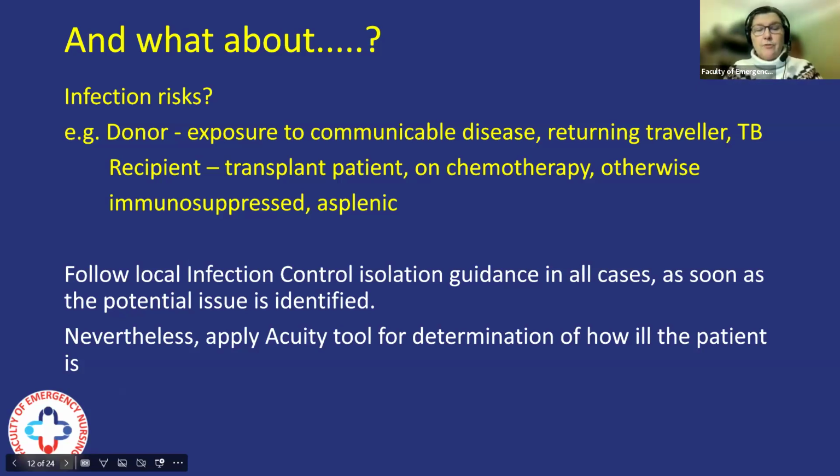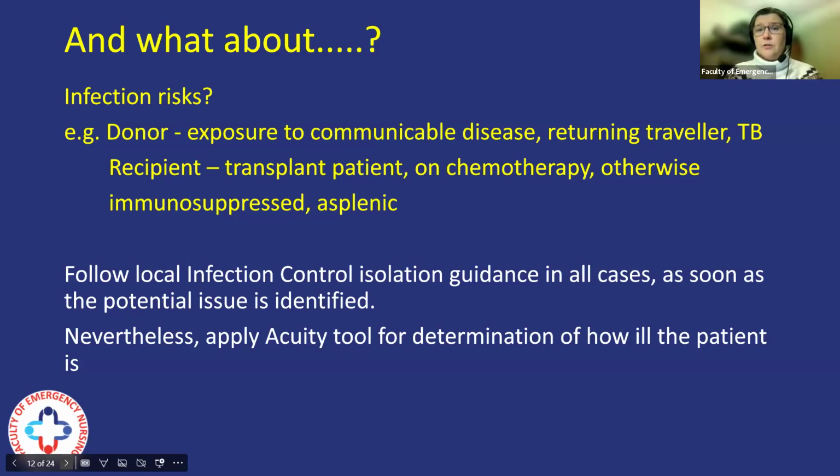And of course, several of them brought it back, which was the reason that we had quarantine, which I'm sure was a delightful experience. Not. So a returning traveller is the obvious one. TB, if someone's got TB, we don't really want them coughing over anybody else. Thanks very much. Or it might be that they've been exposed to communicable disease of some other type.